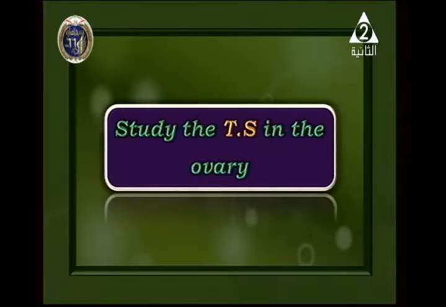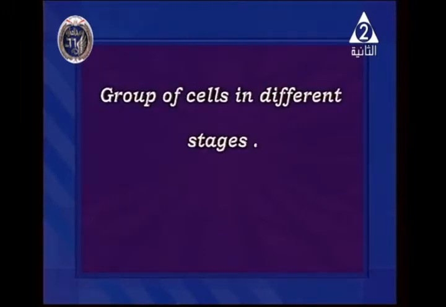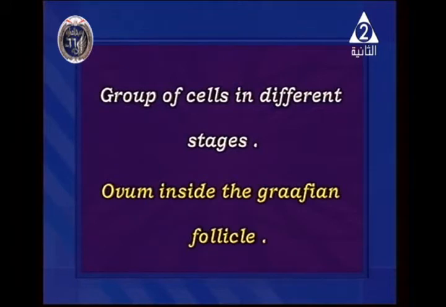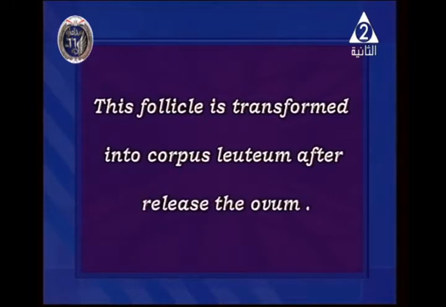After that, we need to study the transverse section in the ovary, as we studied it in the testis. A group of cells in different stages, and the ovum inside the Graafian follicle also. This follicle is transformed into something called the corpus luteum after releasing the ovum.